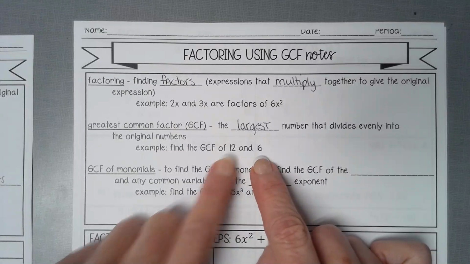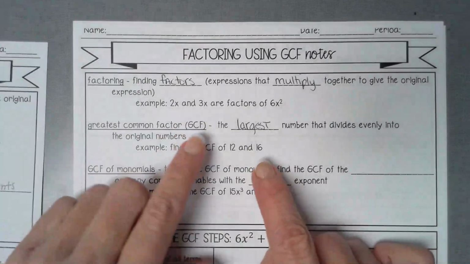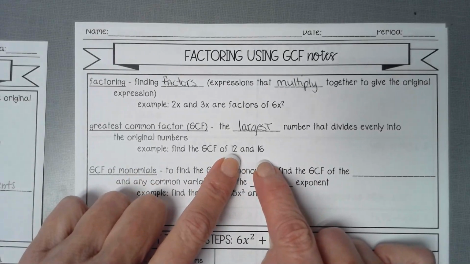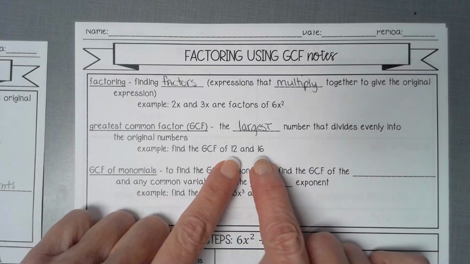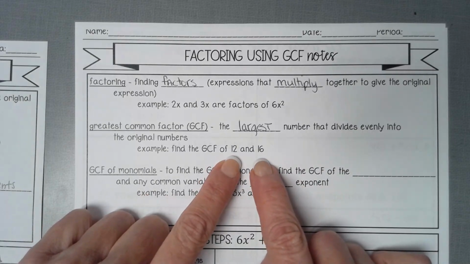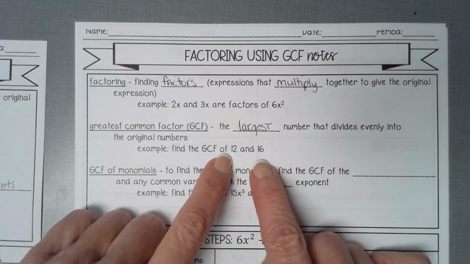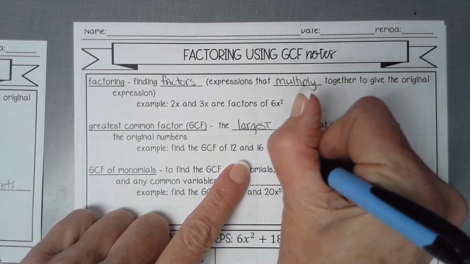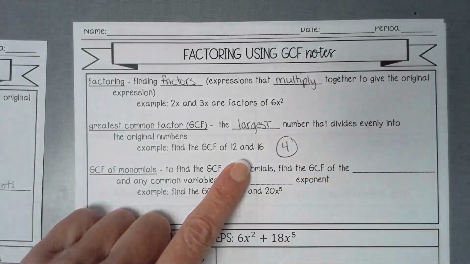The biggest number that divides into both of these evenly. 4. 4 goes into 12, 4 goes into 16. It is the biggest number that goes into both of them. So that's what we mean when we're pulling out a greatest common factor.